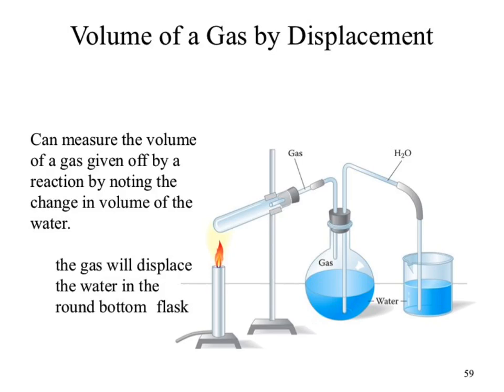Right? We can do it with gases as well. So we could take a reaction container, and what this is attempting to show is that if we have something happening in that tube, we add a little bit of heat to it, that reaction produces a gas. Where does that gas go? Well, that's going to go up this tube and then down here, which is now going to build up pressure above the liquid.